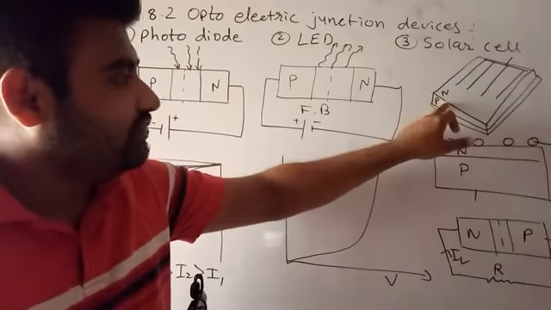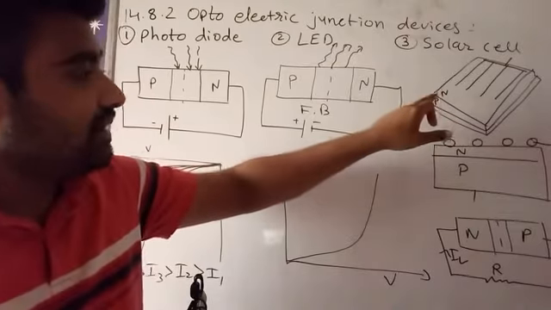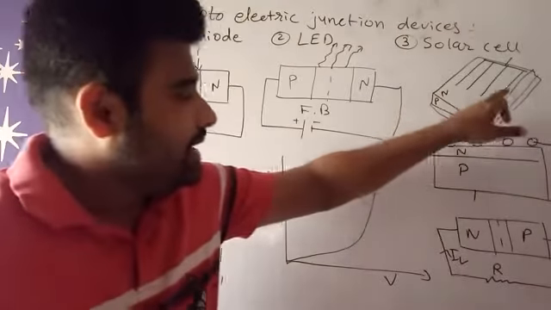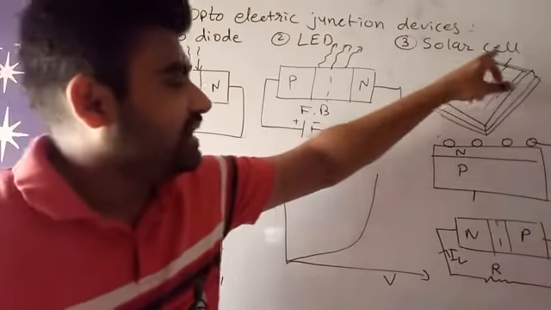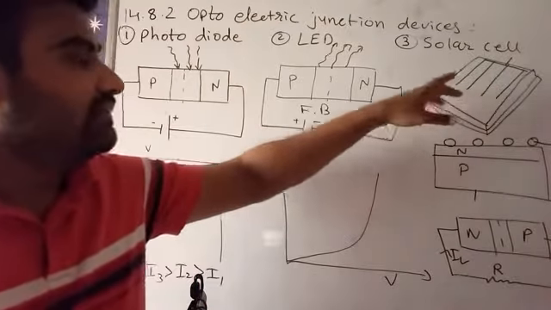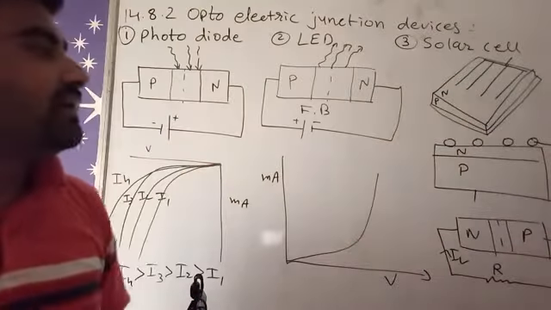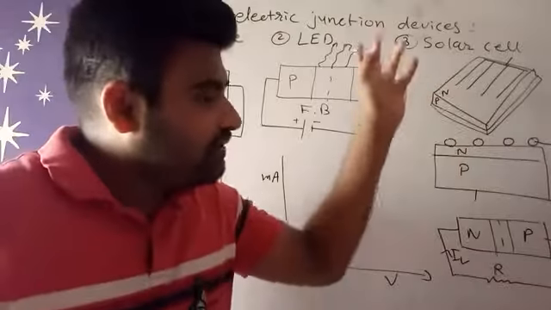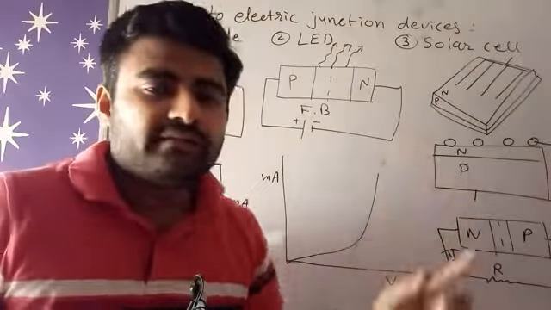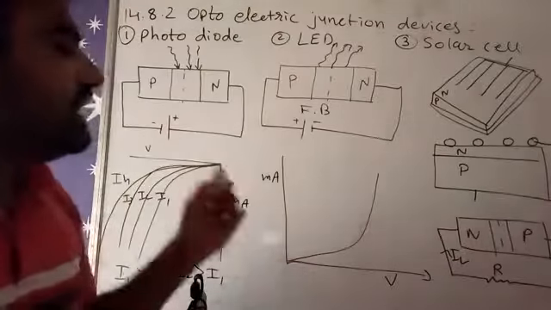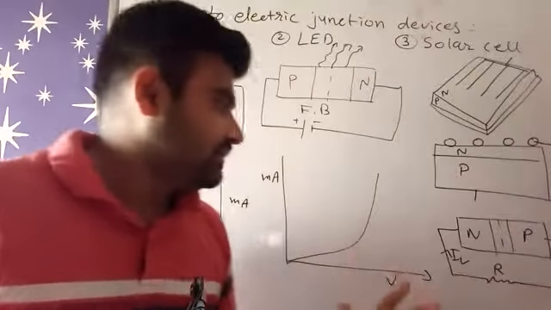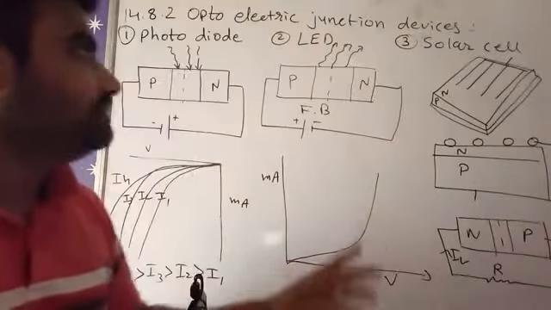The hole is connected with the back end, and the electron is connected with the front end, and because the circuit is complete, electrons move from N to P through that circuit. So that is why we get current in this circuit. So that is the circuit diagram.